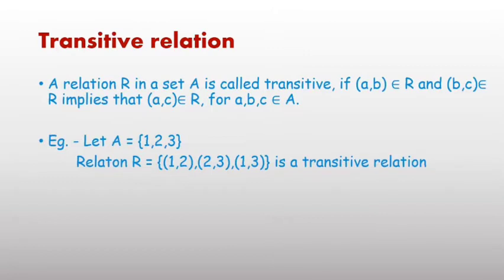For example, set A is given as 1, 2, 3. Then relation R (1, 2), (2, 3) and (1, 3) is a transitive relation, because (1, 2) and (2, 3) belong, implies (1, 3) also present in R. In this pattern also other transitive relations you can write yourself.